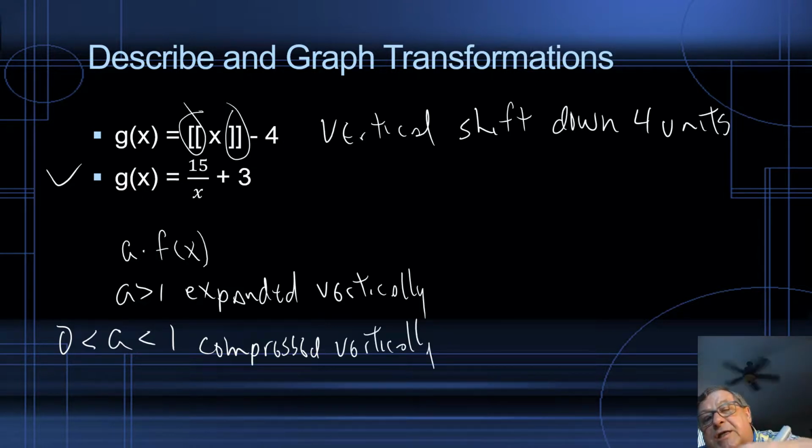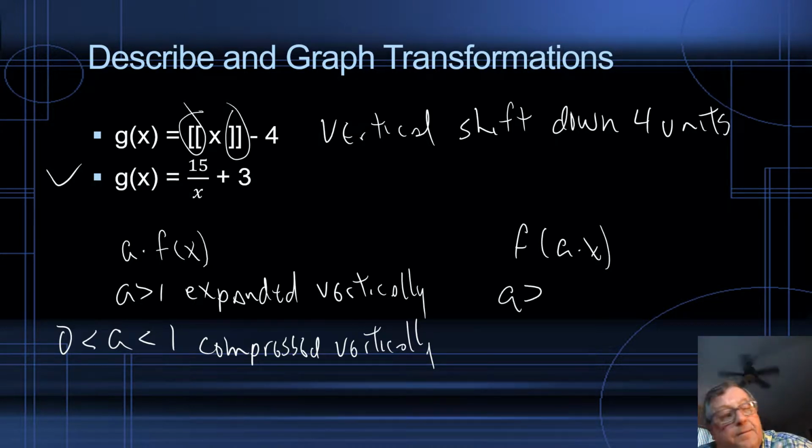And if we have f of a times x, and again, if a is greater than 1, we are compressed horizontally.